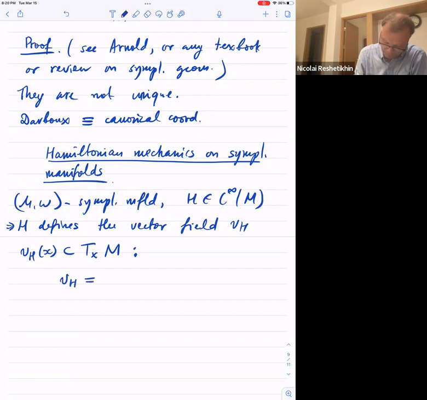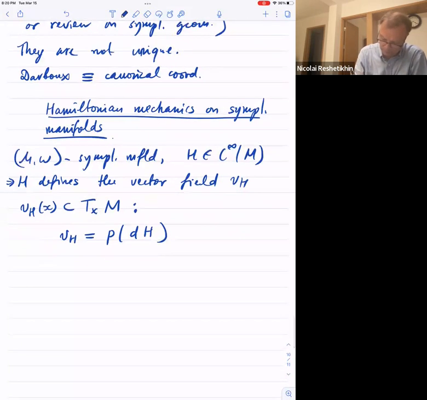V_H is equal to P dH, where this is the de Rham differential. So dH is just the sum over i from 1 to 2n of (dH/dx_i) dx_i, where x_i are local coordinates.